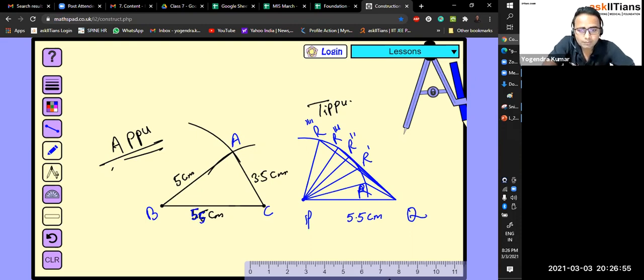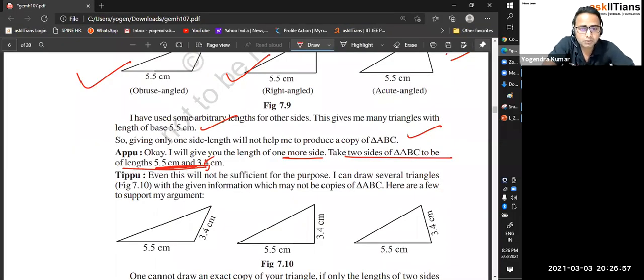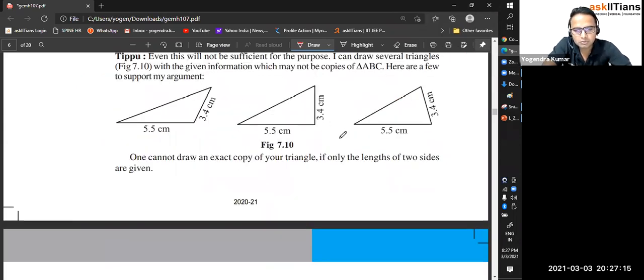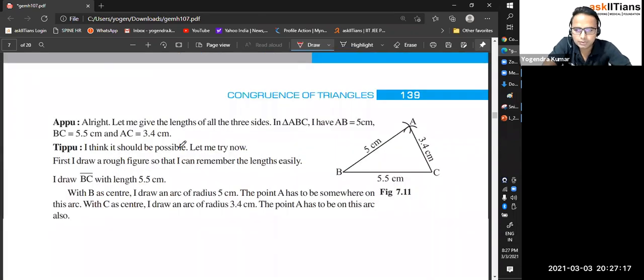Even this will not be sufficient for the purpose. He will not get the congruent triangle. I can draw several triangles again with the given information. To support my argument, with 3.5 I can draw so many triangles, like I showed you here.